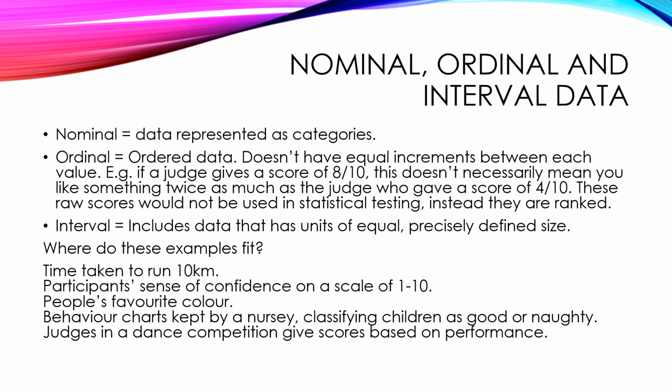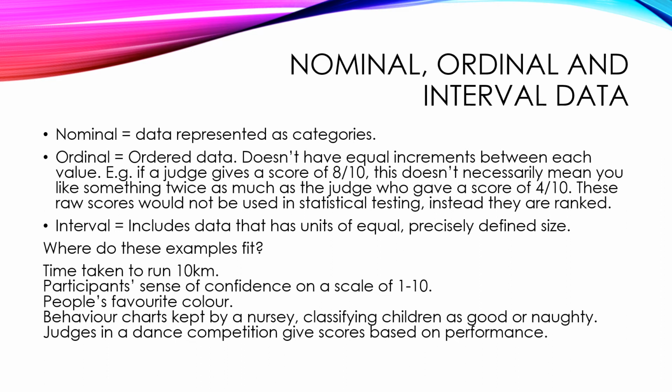And then you've got ordinal data. This is something that is ordered, and it doesn't have equal increments between each value. So if there were 2 judges and one judge gave a score of 8 out of 10 to a dance performance and another judge gave 4 out of 10, it doesn't mean that the person who gave 8 thought it was twice as good as the person who gave 4, because it's a subjective kind of measure.